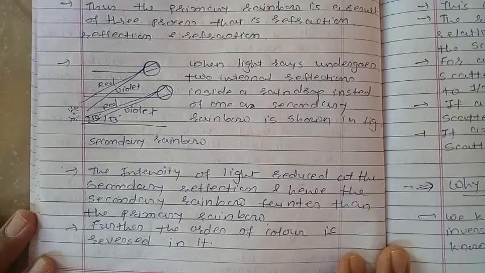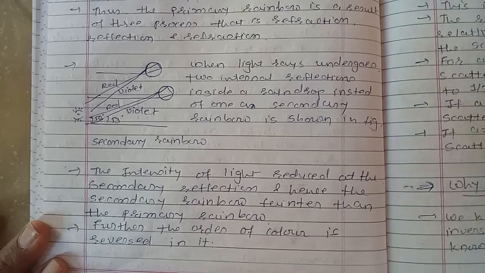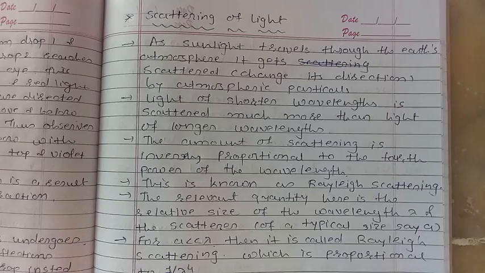Okay, now we discuss the scattering of light. What is scattering? We can say, when sunlight travels through the Earth's atmosphere, it changes direction by the atmospheric particles.